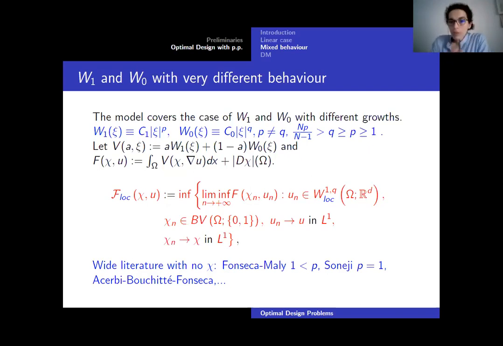Just to start, we focus on the case where W1 has p growth and W0 has q growth, which still fits, for our purpose, the energy where we have a different control from above and below, because our energy density will be indeed a convex combination, through the field chi, of the density W1 and the density W0.